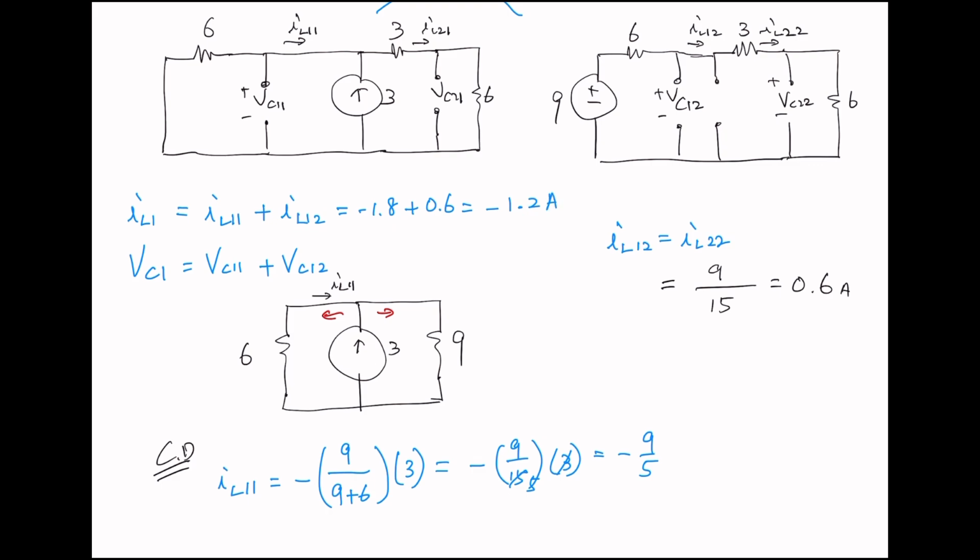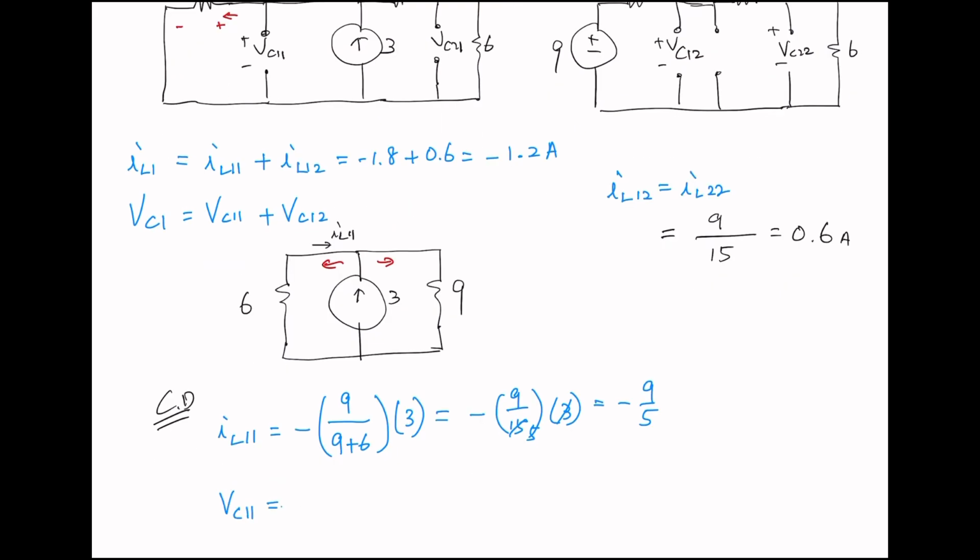Now let's take a look at VC1. So now we need to find VC11, and VC11 is parallel to the 6 ohm resistor, and the actual current is gonna go in this direction. So this has to be plus, this is minus, and VC11 is 6 times the current, that is 1.8, and that is 10.8.